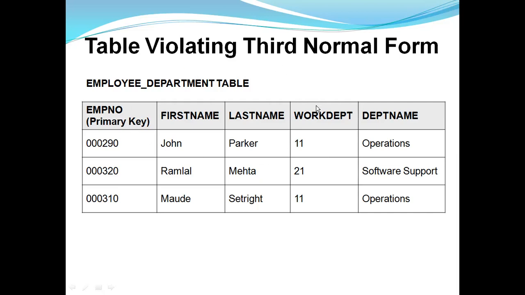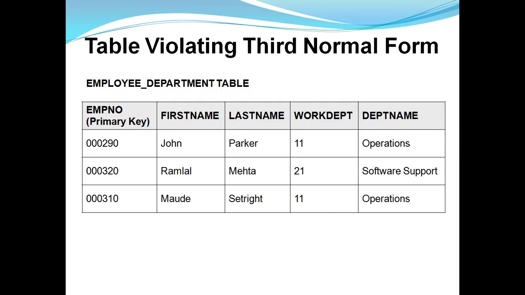A determines B, B determines C, indirectly A determines C. But third normal form does not allow the transitive dependency. कौन सा कॉलम बाहर जाएगा?